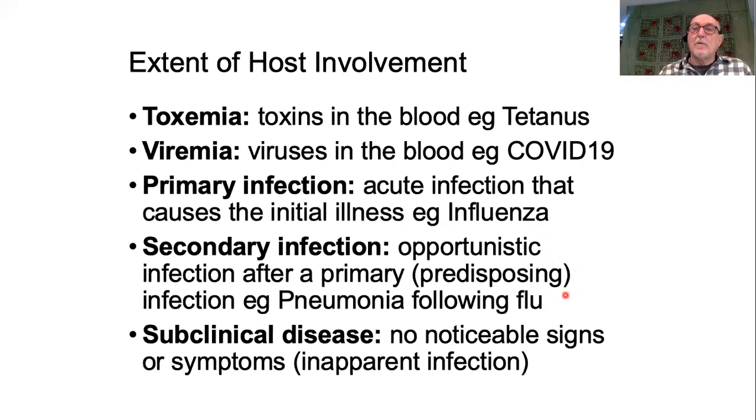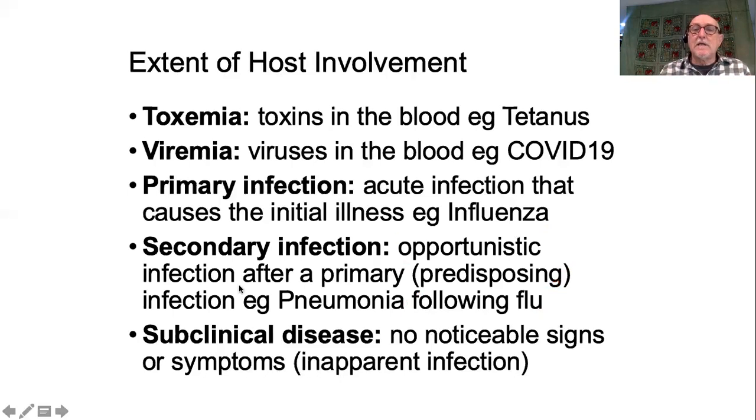Probably one of the most dangerous are bacterial infections deep in the lungs, especially in the alveoli of the lung tissue, which are normally kept sterile. But following a primary infection, very frequently, it can predispose you towards bacterial infection deep in the lungs, and that can produce a pneumonia. In young people, this is often very easily treated.